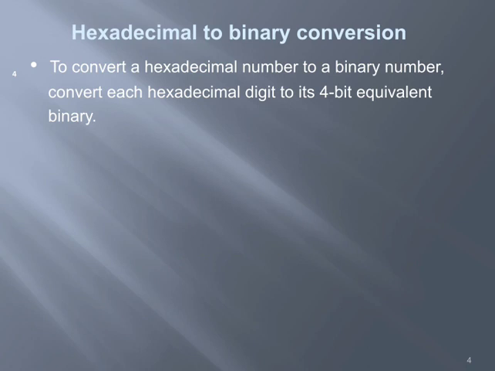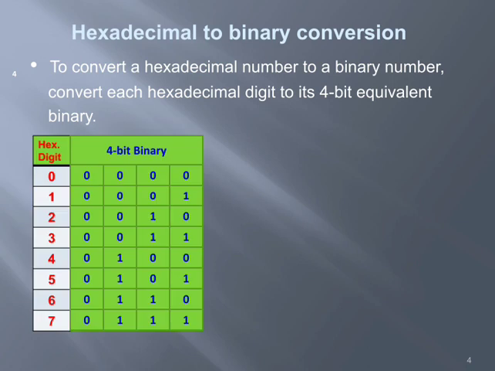So for each and every hexadecimal digit starting from 0 to 9 as well as A to F, there is some predefined 4-bit binary equivalent. So replacing the hexadecimal digit with its equivalent 4-bit binary will result in conversion of hexadecimal number to binary number.